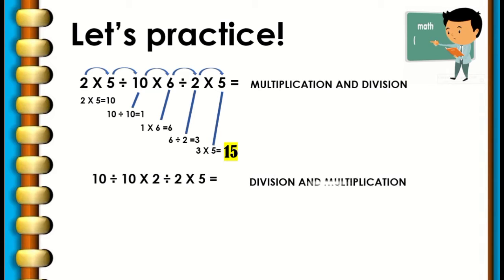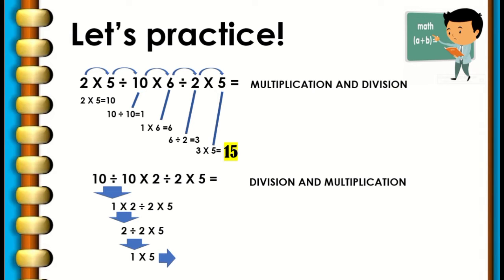Let's try another equation. This time, naunang division and then followed by multiplication. So, same rule, left to right method. We have 10 divided by 10, that is 1. Then, copy the remaining quantities or symbols. So, fast forward na natin.